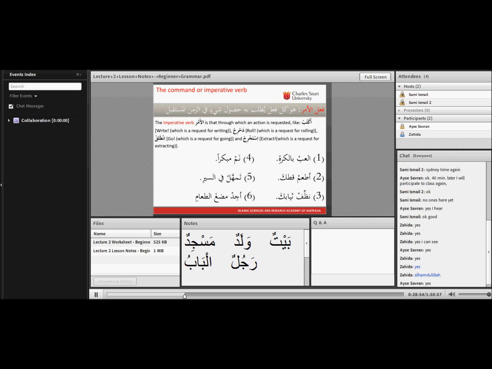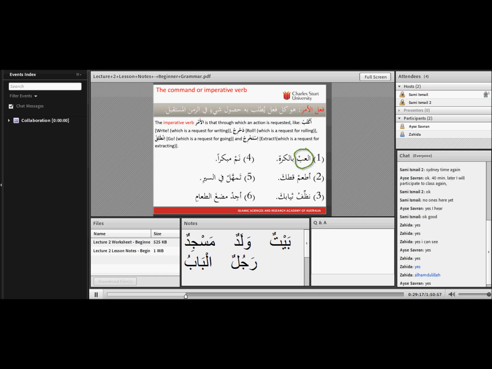So here, this verb is il'ab. So there's a kasra in the alif, sukun on the lam, fatha on the ayn, and sukun on the ba, il'ab.